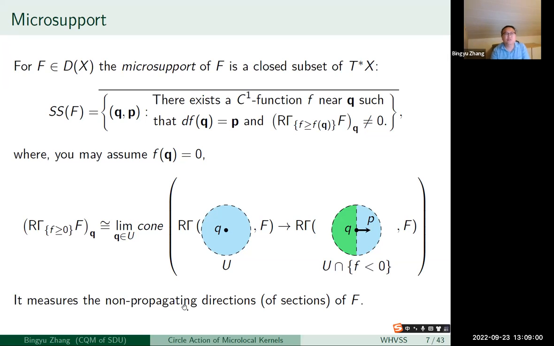If we consider a local section of F near a point q, and a co-direction p at q, then we can consider the restriction of this local section over U to U intersected with {f < 0}. We say F propagates here if the restriction map is an isomorphism, and if it is not, we call it non-propagating.